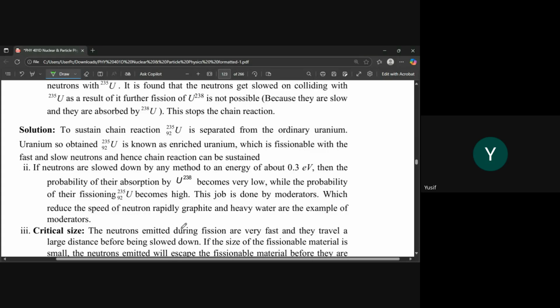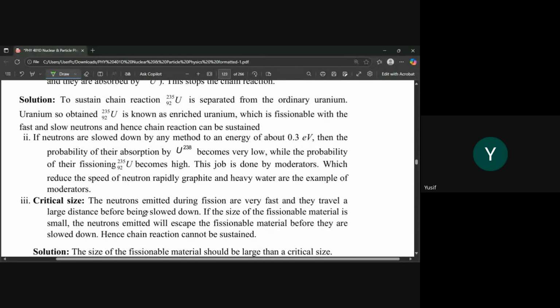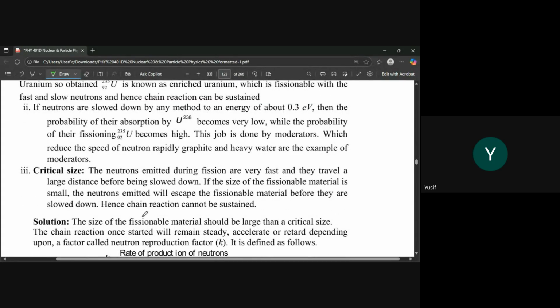They reduce the speed of the neutrons rapidly. Graphite and heavy water are examples of moderators. So examples of the materials used as moderators are either graphite or heavy water, which helps in reducing this reaction.